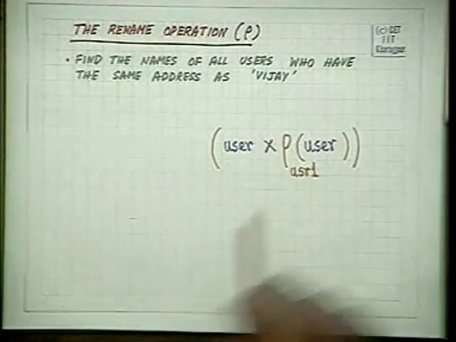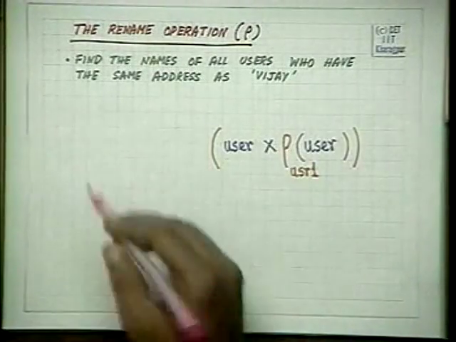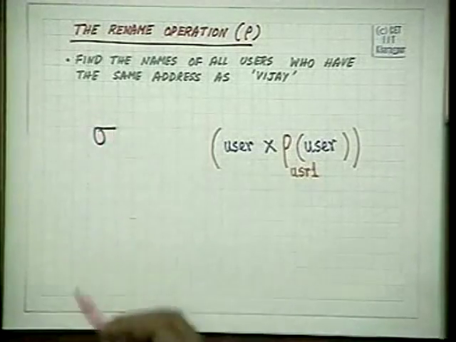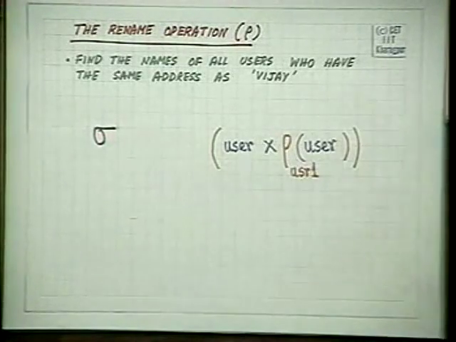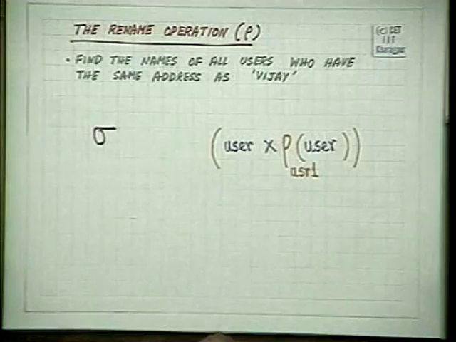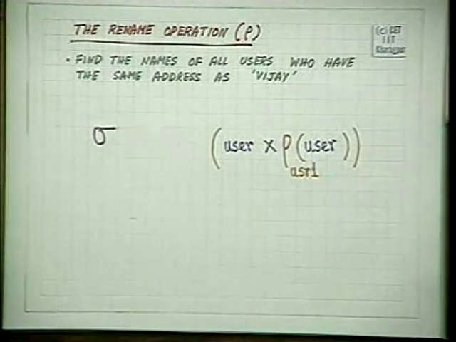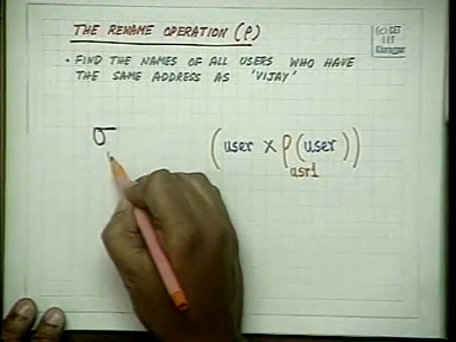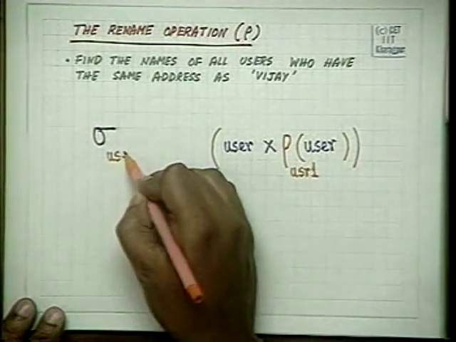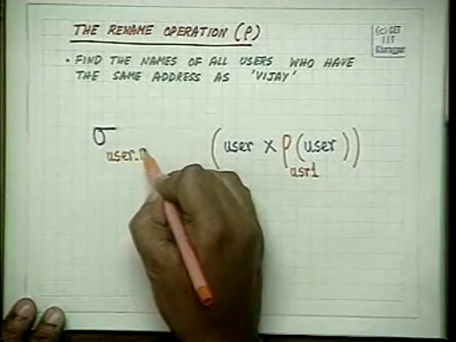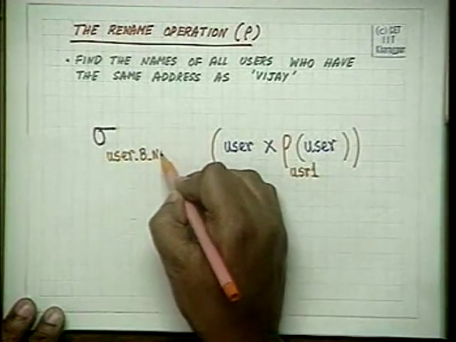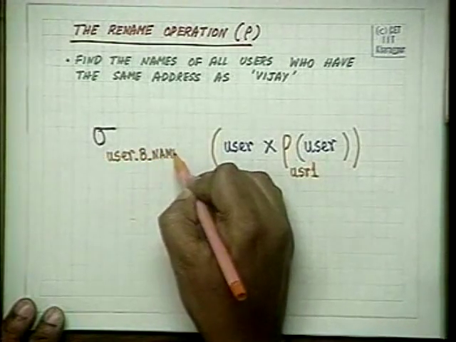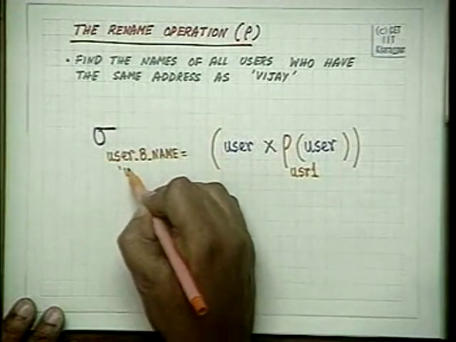So our selection will go like this. We will do a select, and we will select out user dot borrower name equal to Vijay.